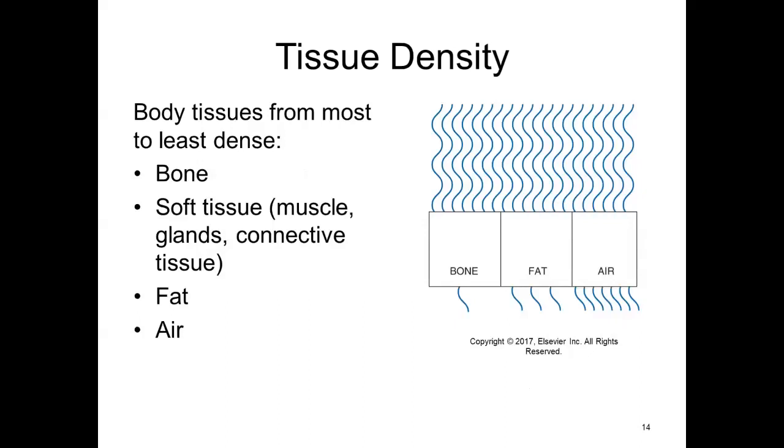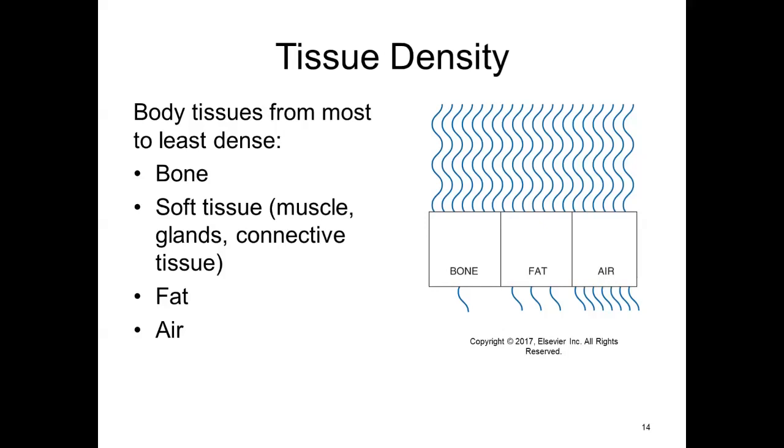And you do need to know to be able to rank and order these types of body tissues from the most dense to the least dense. Bone being the densest, then soft tissue, musculature, glands, connective tissue, followed by fat. Fat is less dense than soft tissue and muscle, so you see a difference in the fat surrounding tissue.